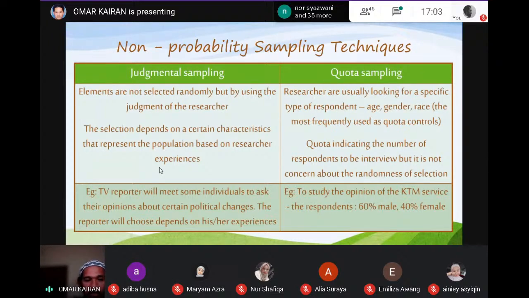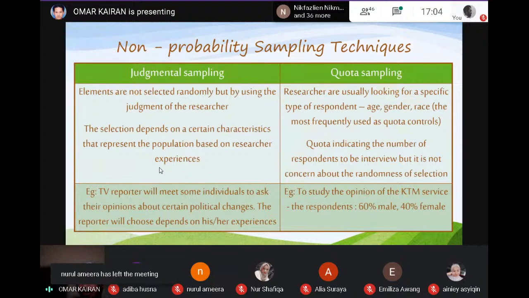The selection depends on certain characteristics. If the researcher feels that the characteristics of the respondents are appropriate to be selected as a sample for my research, then you select based on your observations of the respondent. The observation is based on characteristics, depending on the research you are conducting. For example, if you want to look at honesty among students, you observe whether the student is honest or not.